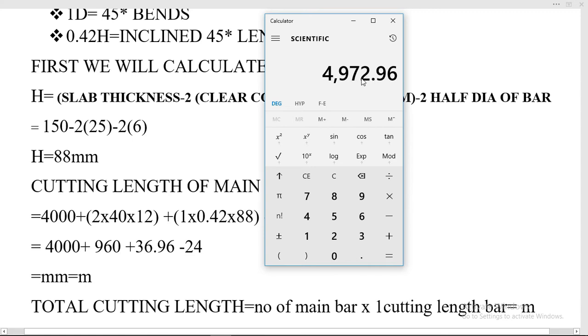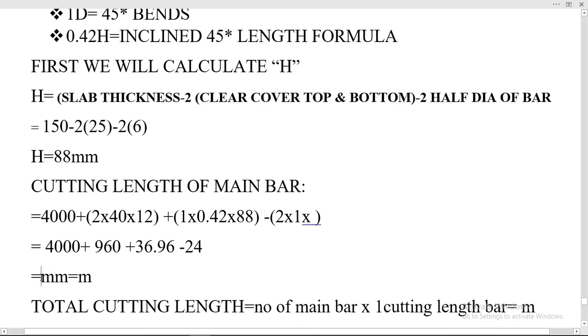Let me take it 4973 millimeter. So convert it into meter, just divide it by 1000. 4.973 meter is the one main bar cutting length.